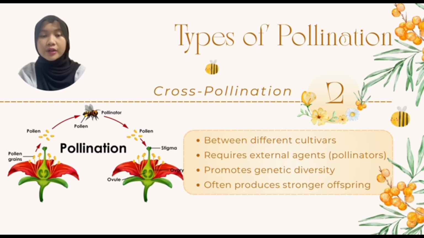Thirdly, it often produces stronger and more resilient offspring. In agriculture, cross-pollination is very important because it improves crop quality, disease resistance, and overall plant performance. Examples include apple trees, corn, sunflowers, and most fruit trees.